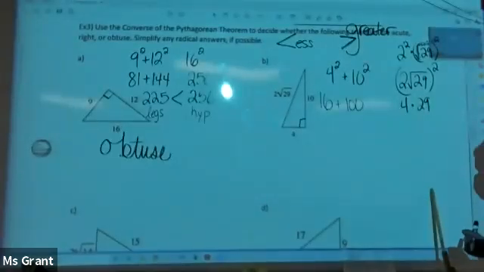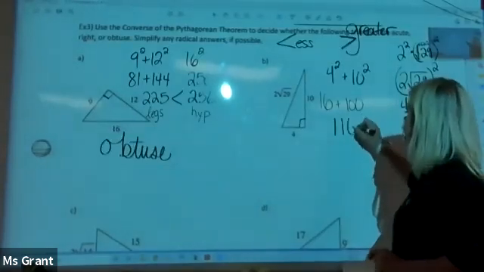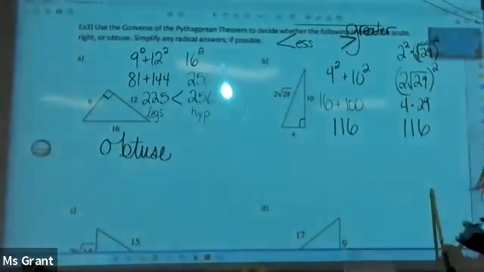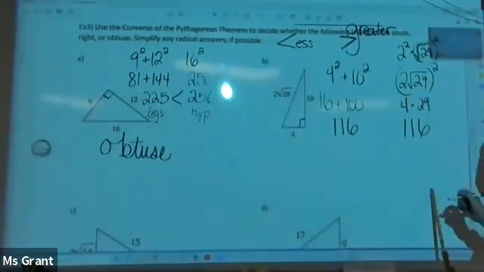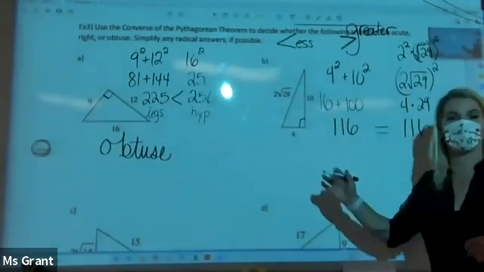I'm just left with 29. What is 4 times 29? 116. Woo, love it. I love it because they're equal, which means what kind of triangle is it?